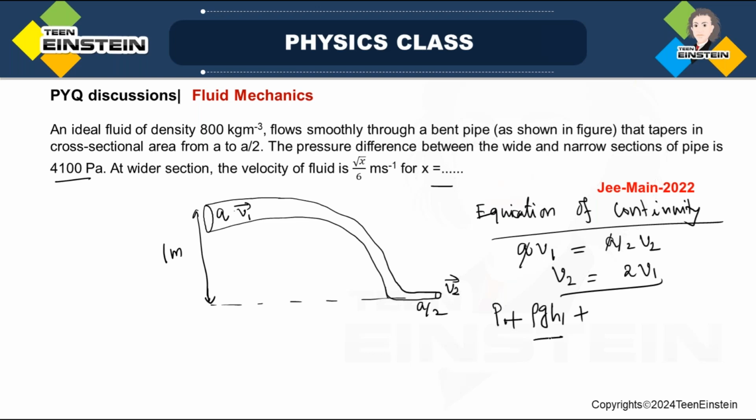So this is pressure energy per unit volume, gravitational potential energy per unit volume, and kinetic energy per unit volume. I'm writing the general equation, so this is constant according to Bernoulli's theorem. Okay, so I can write this for this end and this end, that should be the same.